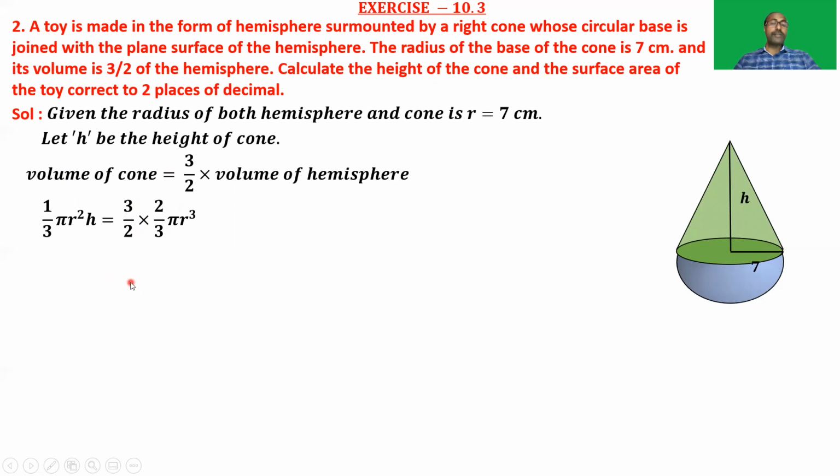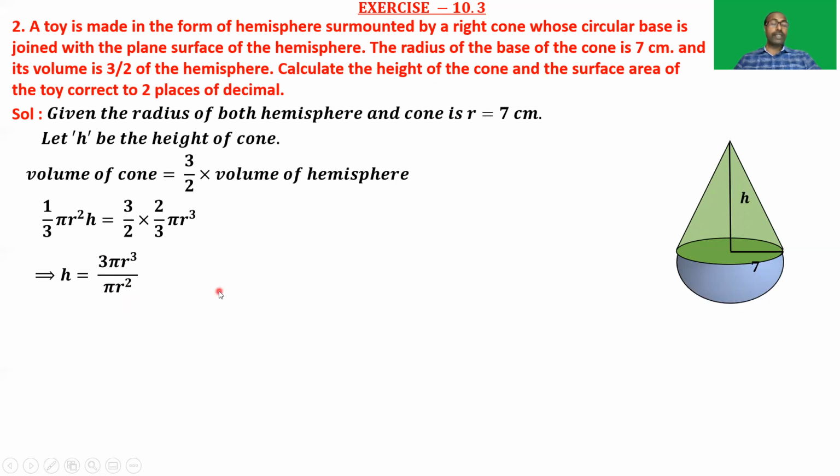And from this, we can write h is equal to 3 pi r cube by pi r square. By transposing the 3 and pi r square to right side, we get h is equal to 3 pi r cube by pi r square. And you can divide pi in both numerator and denominator, and also cancel 2 r's in numerator and denominator.